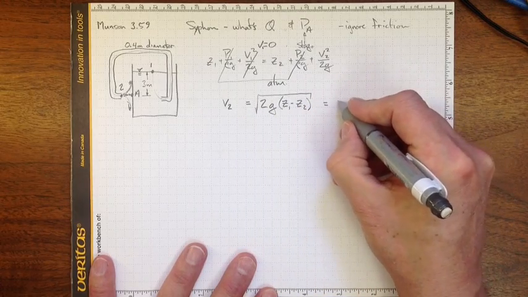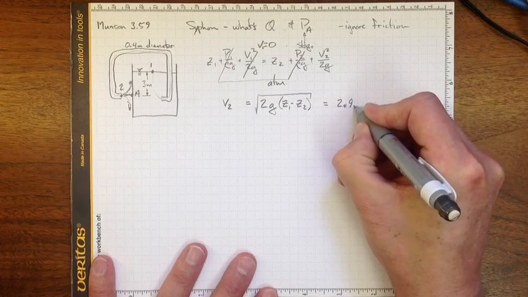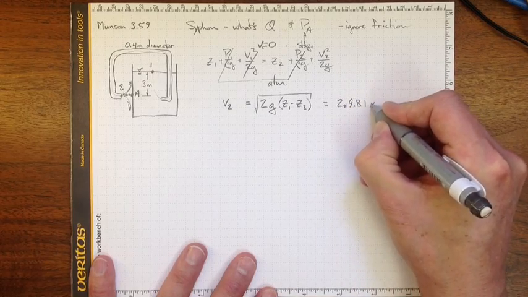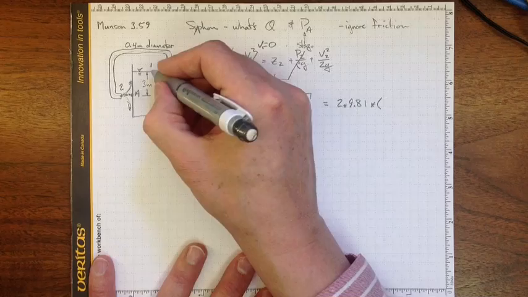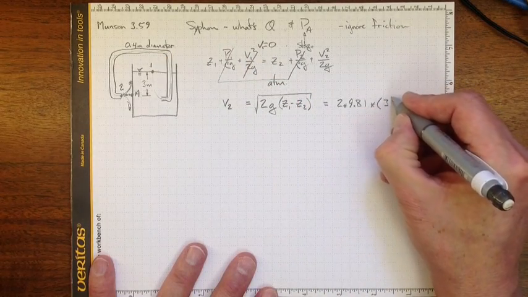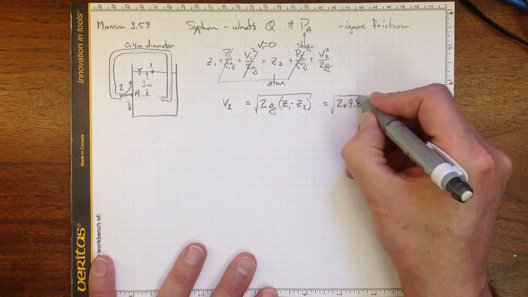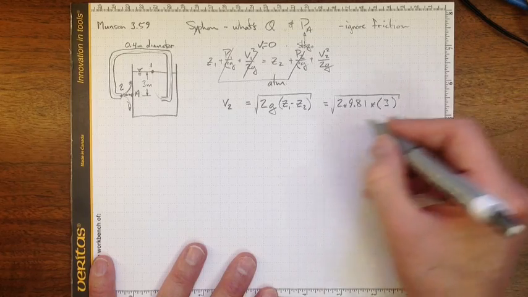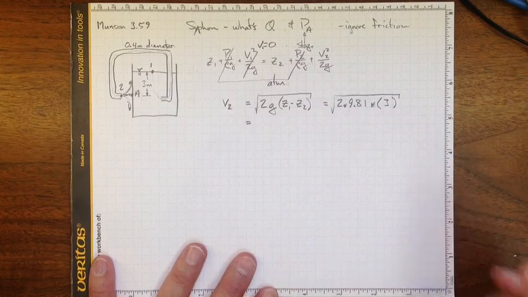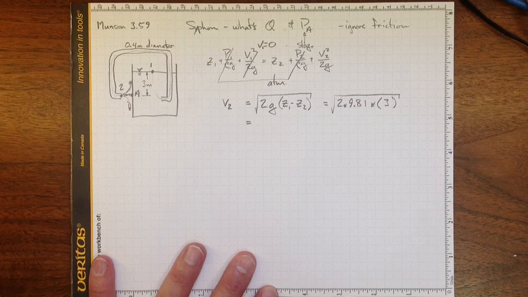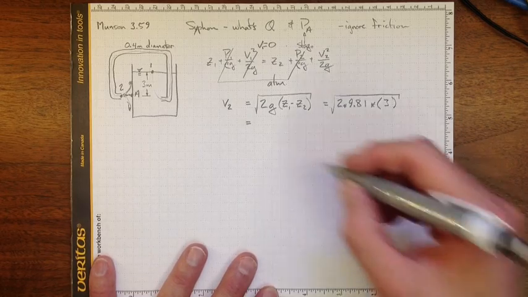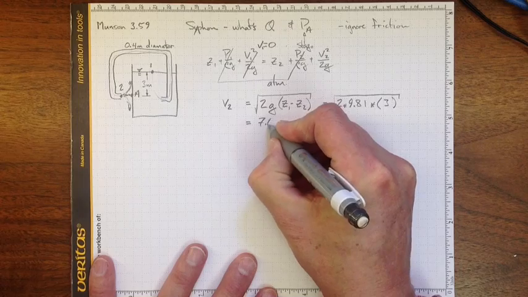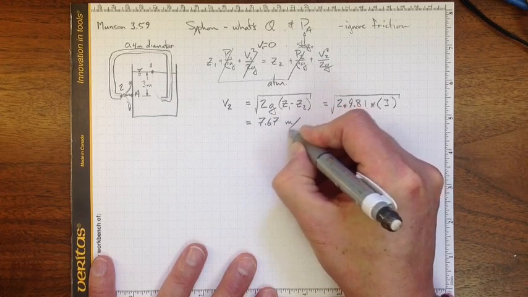That'll be the square root of 2 times 9.81 times 3 meters, which is Z1 minus Z2. So V2 is equal to the square root of 2 times 9.81 times 3, which is about 59. Take the square root of that, we get 7.67 meters per second.